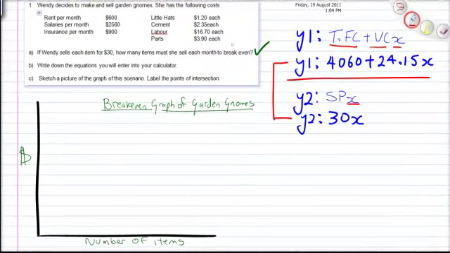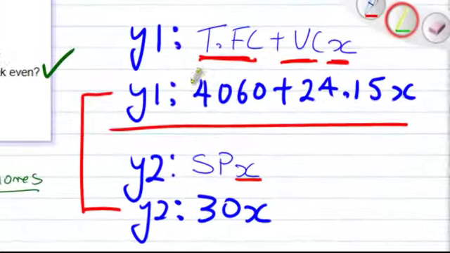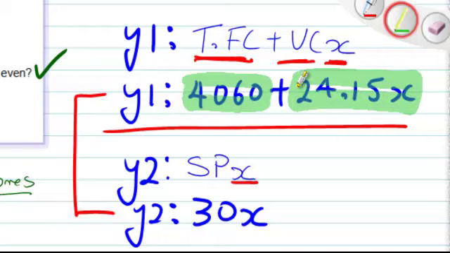Next bit says, write down the equations that you'll enter into your calculator. Now your calculator has to be set up in such a way that it has a Y1, Y2. So our Y1 is our total fixed costs plus our variable cost with an X next to it. So for this case, it's going to be 4,060 plus 24.15x.